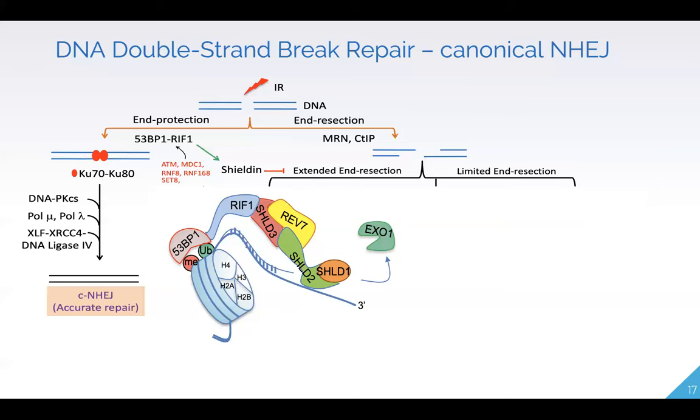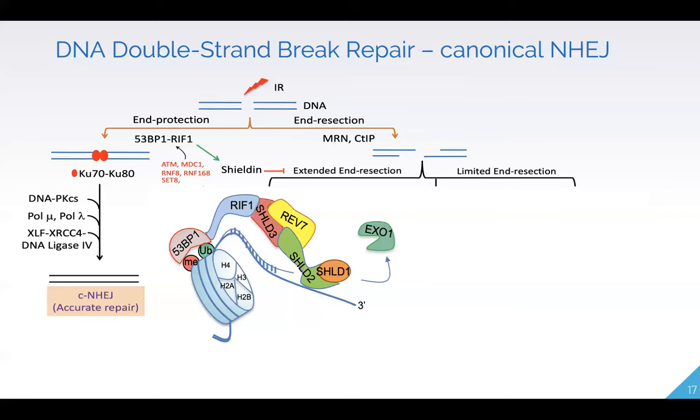Then additional proteins come into play, including some polymerases: polymerase beta, mu, or lambda. These polymerases will fill in the gap if there's any gap that's needed. And obviously these are TLS polymerases, meaning that they can simply fill the gap with some nucleotides after cleaning the ends.